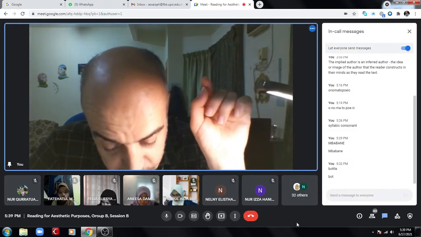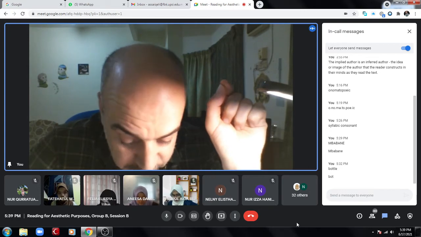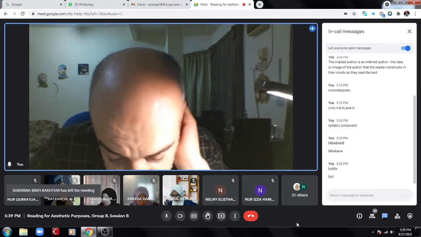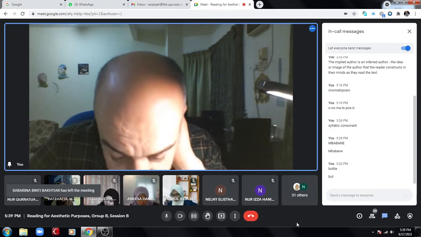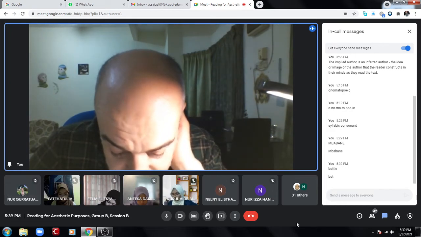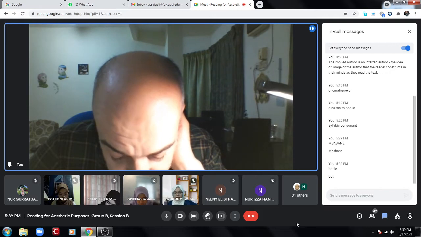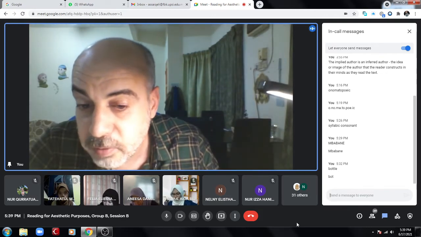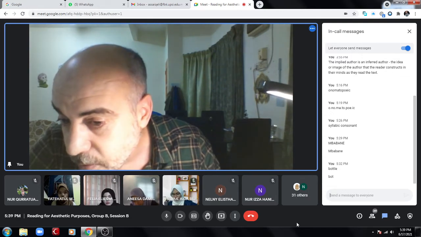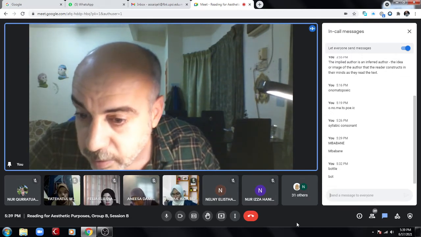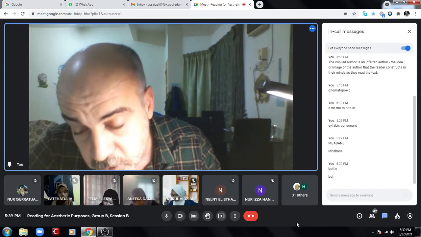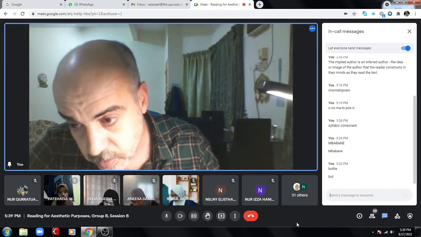For example, at does not rhyme with bite because the nucleus is different. Bite, at. So we have the same coda, the t sound, at and bite. The same coda, but different in nucleus. This is known as consonance.